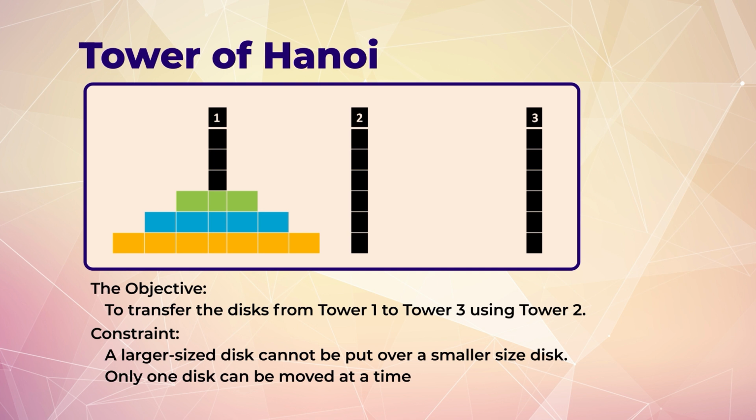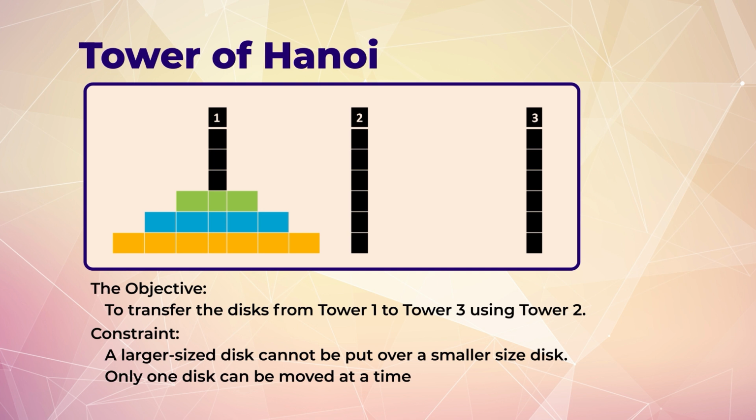The objective of this problem is to transfer the discs from tower 1 to tower 3 using tower 2. The constraints are very important in this problem. A larger size disk cannot be put over a smaller size disk, and only one disk can be moved at a time. What we see, there are 3 disks, one with green color, another with blue color, and the third one with yellow color.